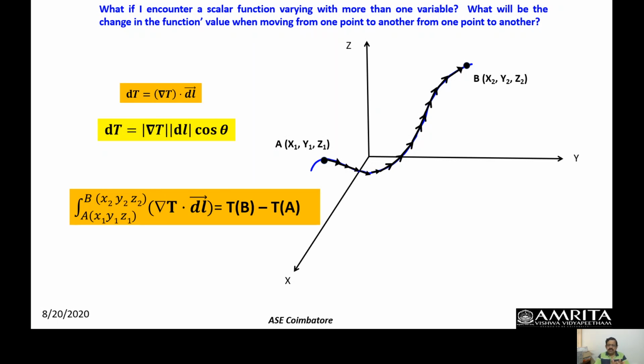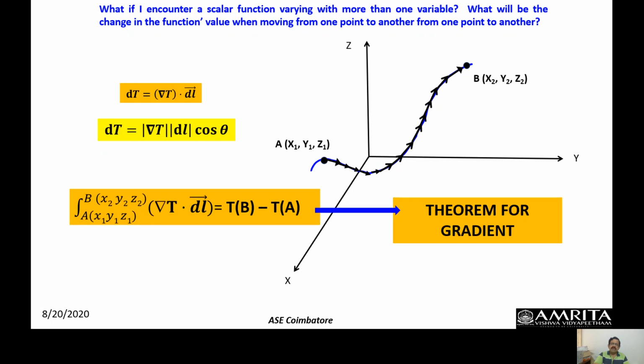Either you chop it into very small intervals, take the gradient at each small interval, and dot it with the displacement vector, or you can know the values of the function at the end points and just subtract them. It is strikingly similar to what we saw with the fundamental theorem of calculus. Now this is known as the fundamental theorem of gradient.